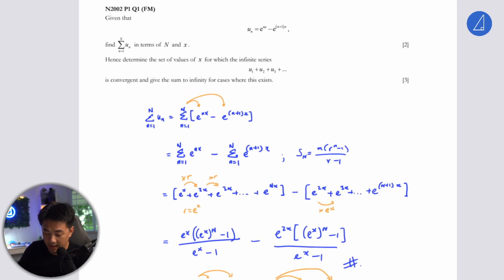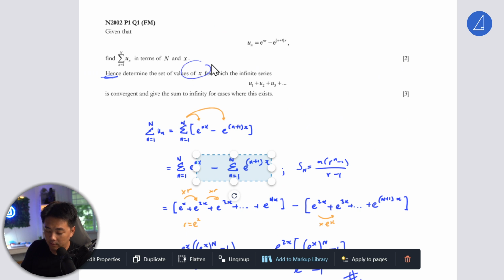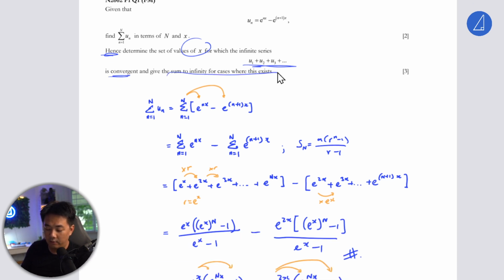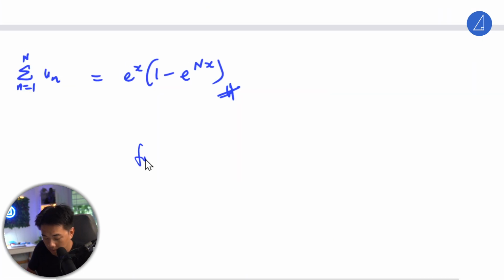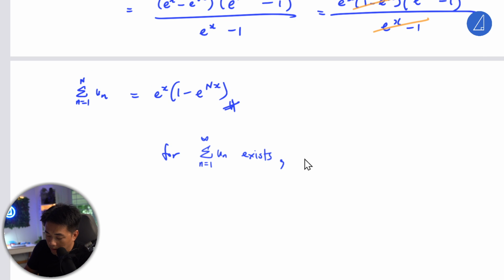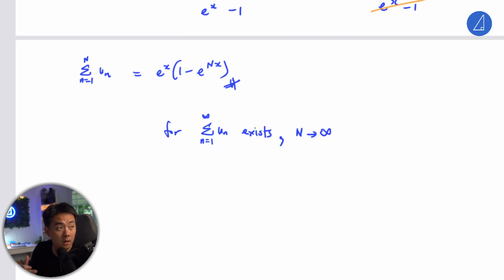Let's look at the last part. Hence, determine the set of values of x for which this series converges, and give the sum to infinity for the case where this exists. For the sum to infinity to exist, we need, as capital N goes to infinity, since x is a constant, e^(Nx) to go to 0.